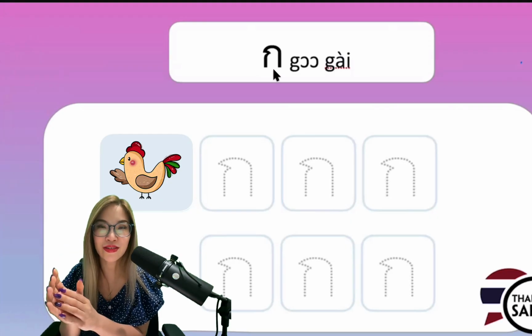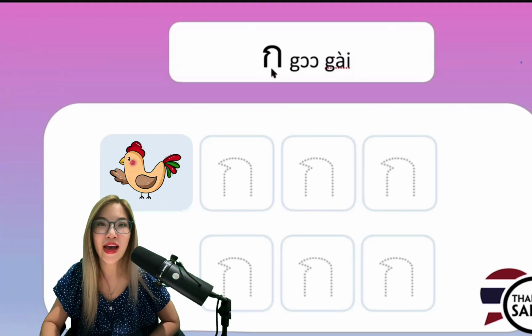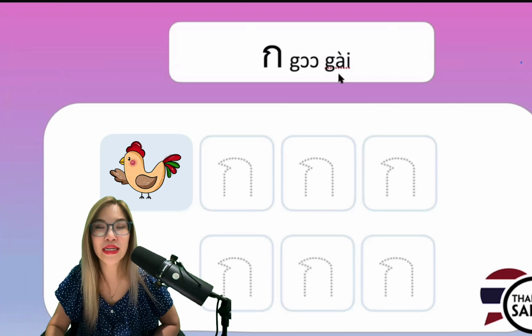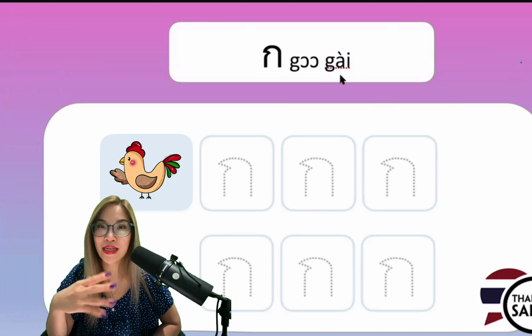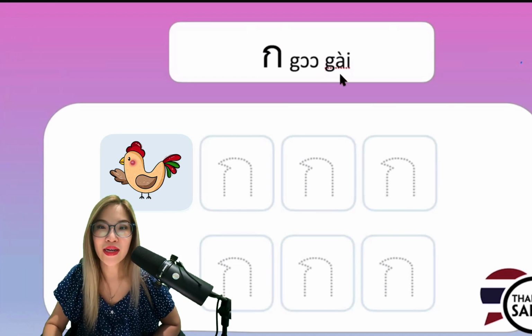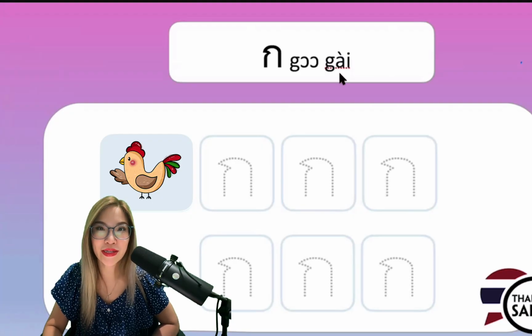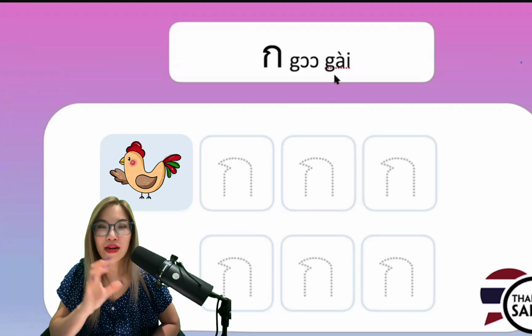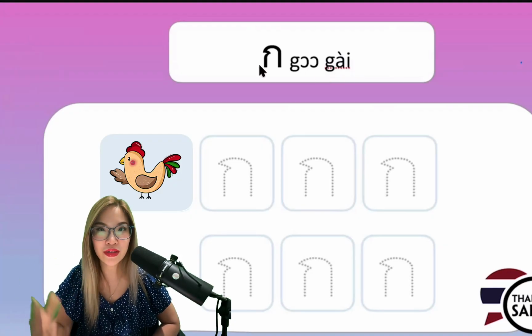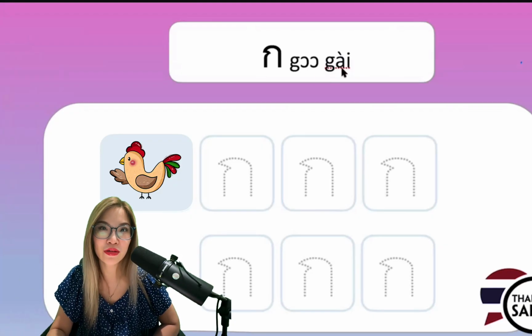And the second component is the name of the consonant, gai. Gai means chicken. Ga gai. So ga is the sound that this consonant produces, and gai is the name of the consonant.